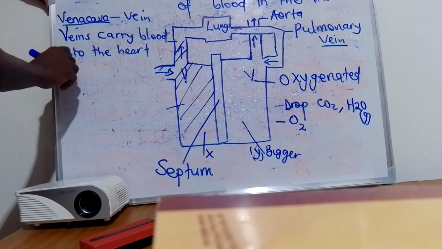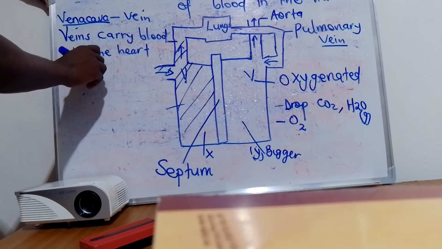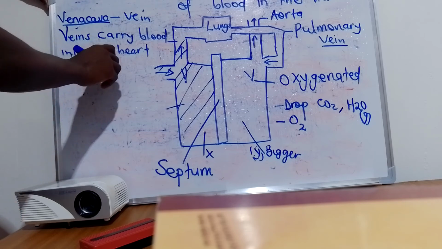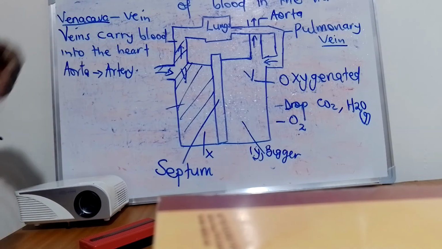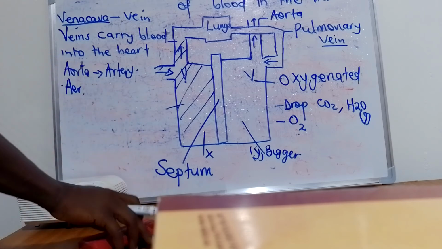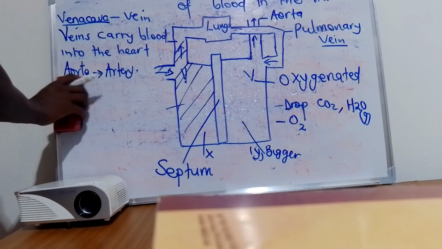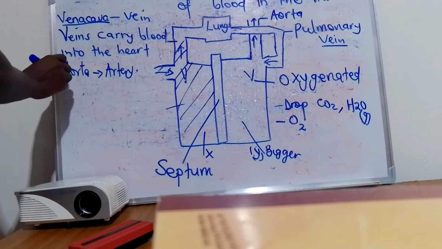Aorta is an artery. Reason being, it carries blood away from the heart. By definition, arteries are blood vessels that carry blood away from the heart.